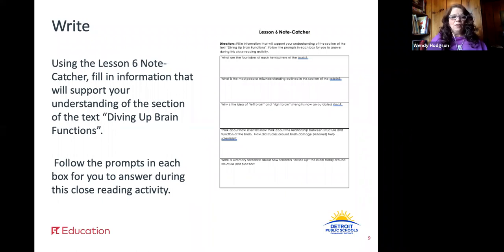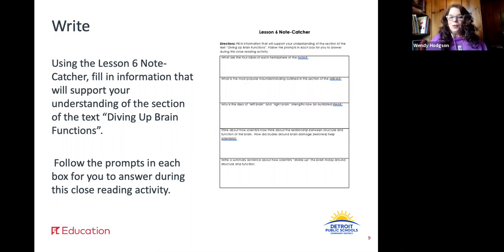I'd like to have you go to your note catcher. Specifically, let's go to that second section. What is the most popular misunderstanding? And I've got to tell you, I've been a teacher a really long time, and research like this takes me by surprise sometimes, because 10 and 20 and 30 years ago as a teacher, we talked a lot about the left brain and the right brain and the creative side and the mathematical side, and we were just wrong, apparently.